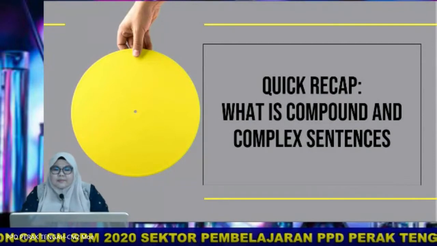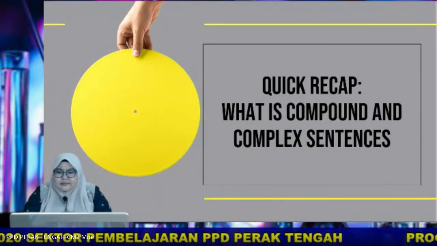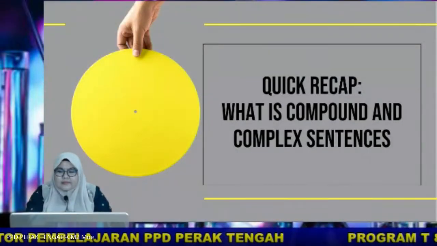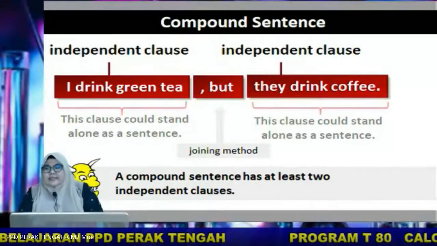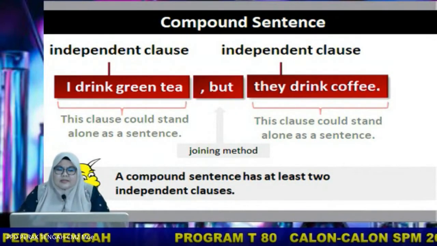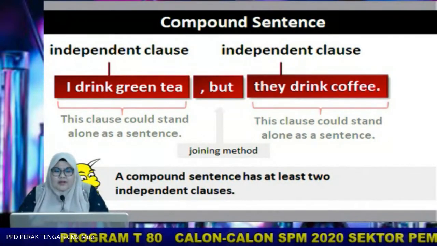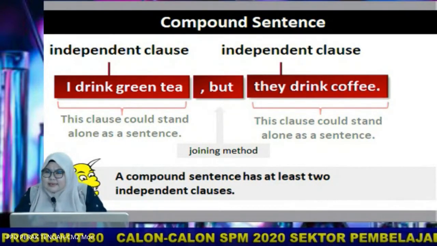What are compound and complex sentences? Okay, this is an example of a compound sentence. We have an independent clause and an independent clause. We have "I drink green tea." The clause could stand alone as a sentence.